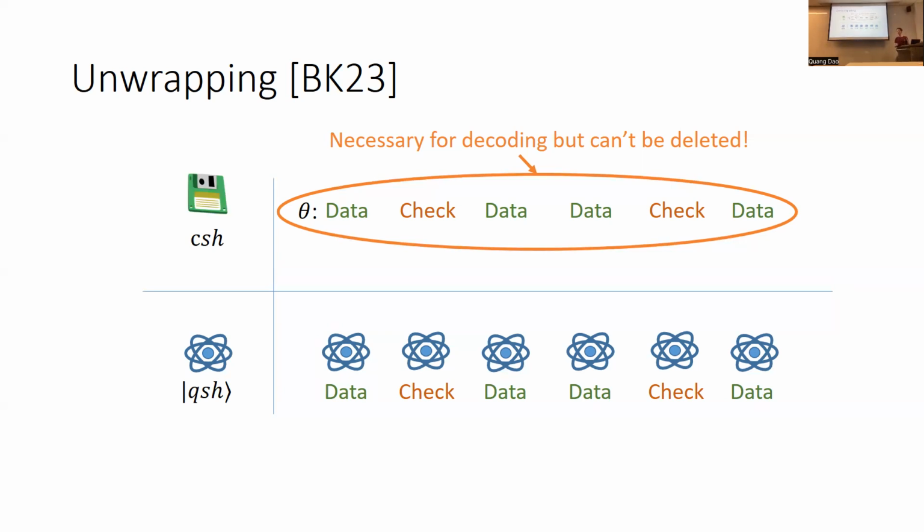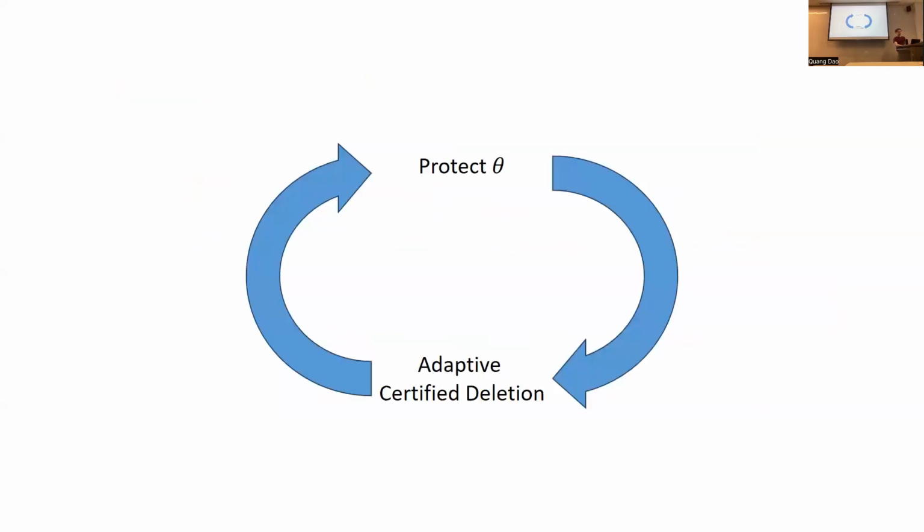So basically, when you have the classical share here, you cannot delete the. Exactly, and that was the problem that we saw before. Because like you said, if we have the classical share and the quantum share at the same time, then we can produce a fake certificate, a valid certificate, without actually deleting the information, because we can just measure these and these aren't checked.